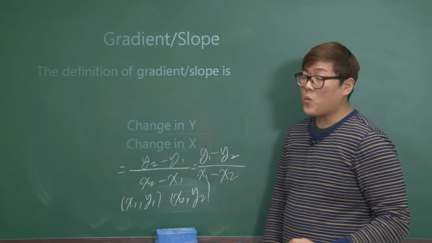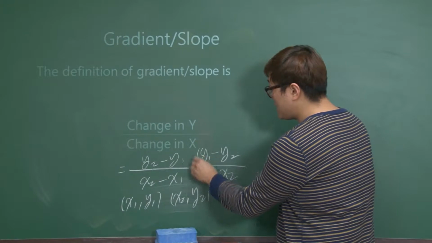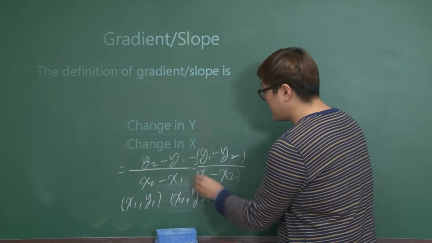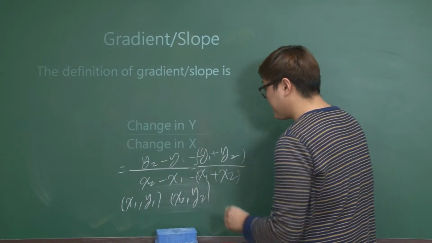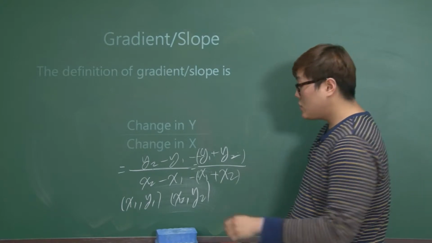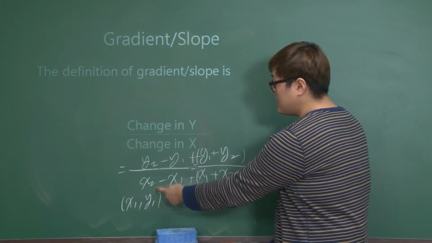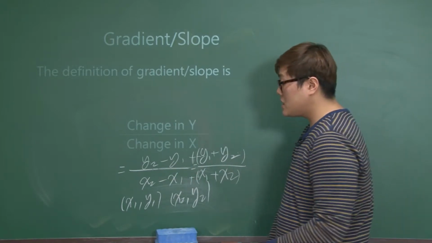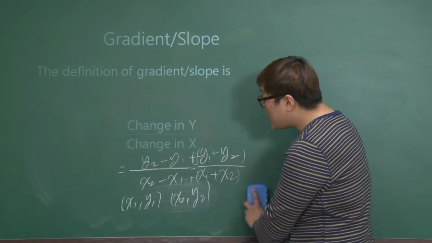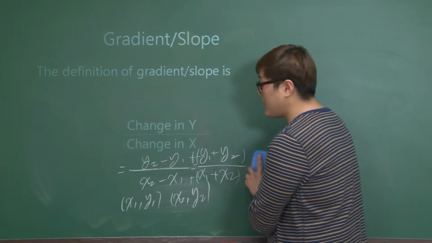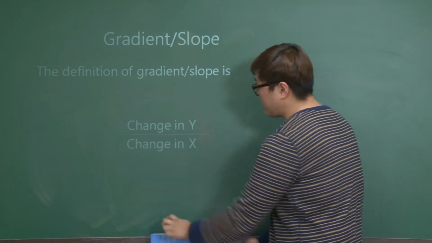I'm pretty sure you know why, because if you isolate the minus, then it will look like this. So you can just cancel the minus sign, and then you have the same expression. So this is the definition of the gradient. Okay, let's move on to the next slide, which is really important.